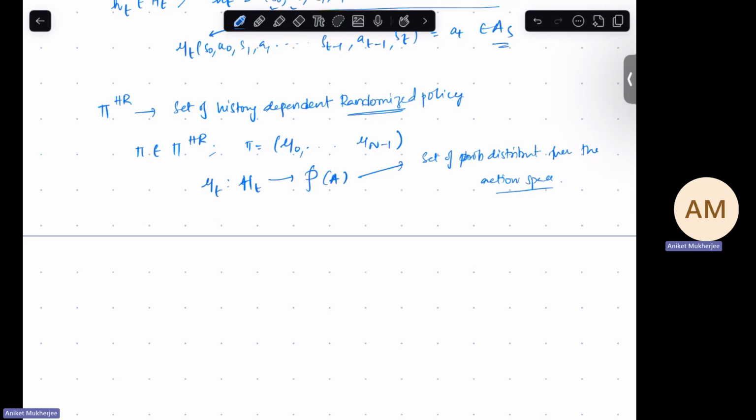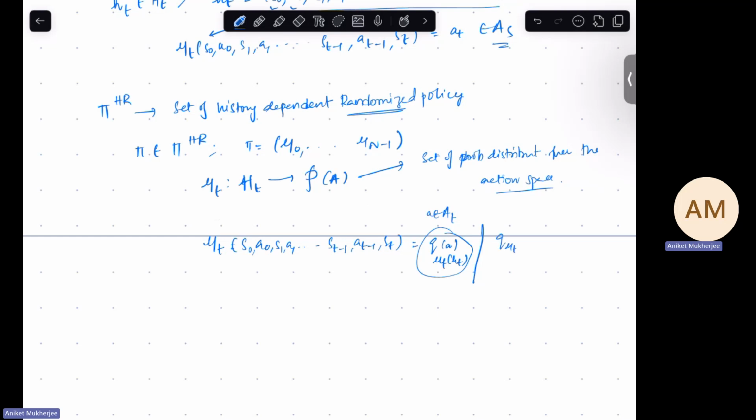So now you have mu t of S0, A0, S1, A1, and so on, S(T-1), A(T-1), ST. This is basically q mu t of ht and the action a, where this action belongs to A, and then you get a probability distribution over the actions.